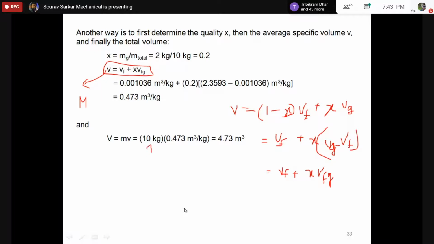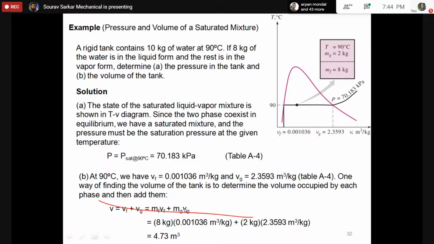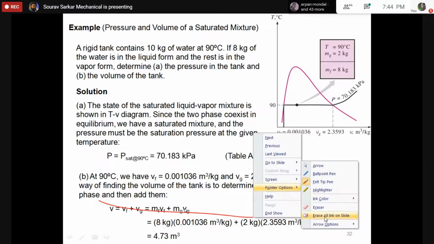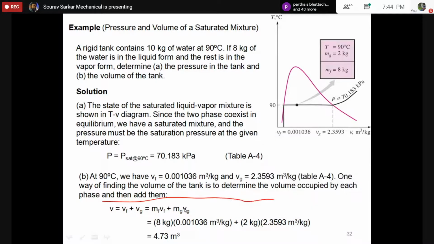Now if I multiply with the total mass, I will get the volume. I can use it like this, or I can solve it this way. I know the total volume, and if I multiply the liquid volume with the mass of the liquid and the vapor volume with the mass of the vapor, I can find out the total volume.